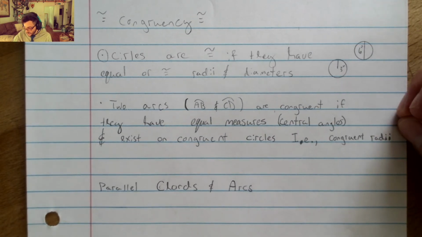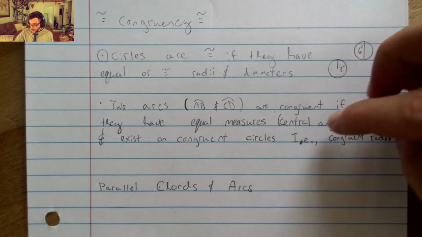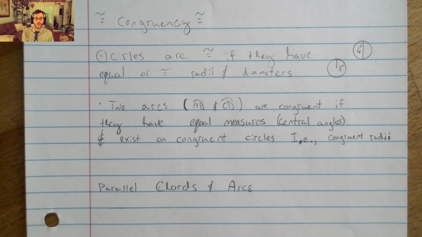What's most important here is that for us to dictate congruency of arcs, or that they have the same length, we're going to have to know that they exist on the same measure. That central angle, that pie shape, that slice shape, is going to be of the same angle. In addition to that, we need to know for a fact that these two arcs have the same radius or the same diameter.